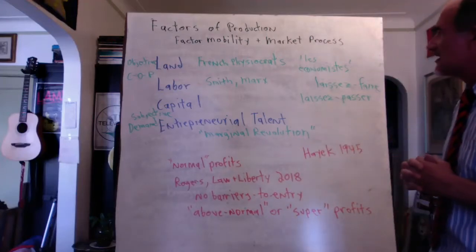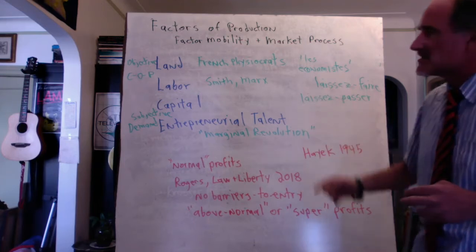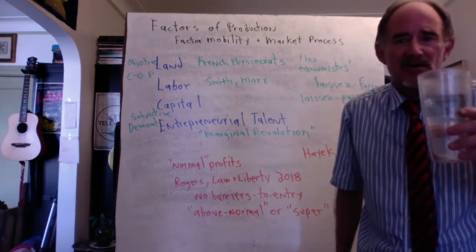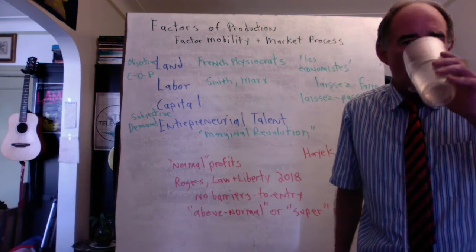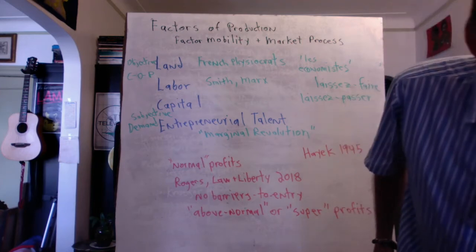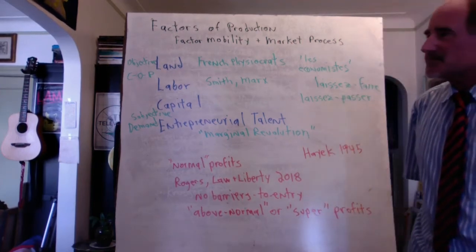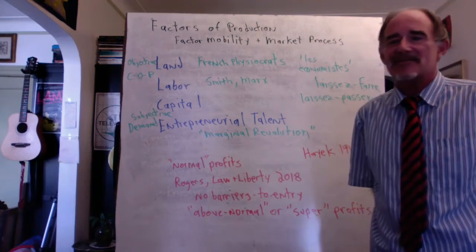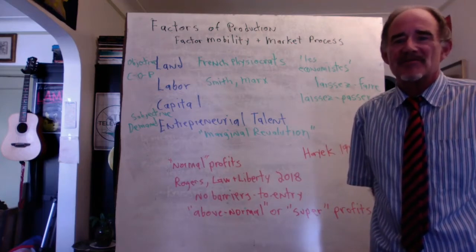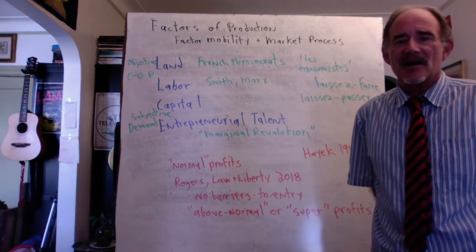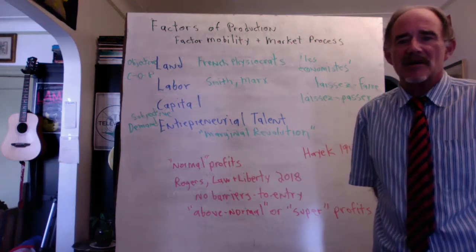So a quick story on les économistes. The physiocrats, the Tsar in Russia had heard about this new school of thought, laissez-faire, laissez-passer, the physiocrats. So the Tsar sent for, I believe it was Turgot, the French physiocrat, and he went to St. Petersburg.